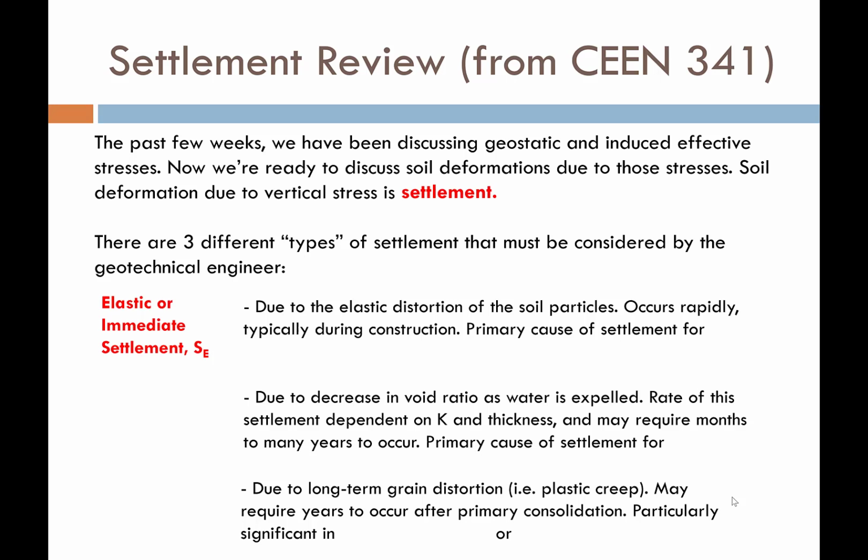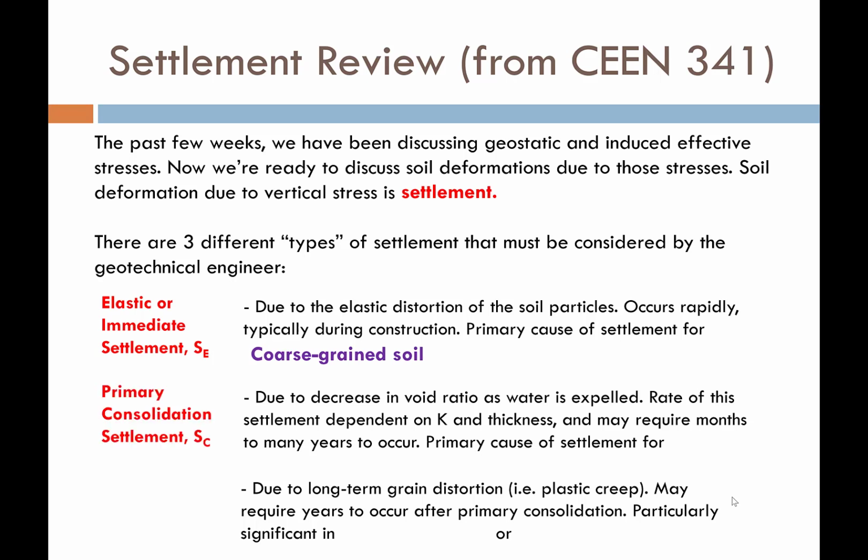Quite literally, the spring example that I just gave. If I load the soil up, the soil particles compress. If I remove a load, the soil particles decompress and elongate. So this type of settlement occurs immediately, just like if you load or unload a spring, deformation occurs immediately. This type of settlement is the primary cause of settlement for coarse-grained soils.